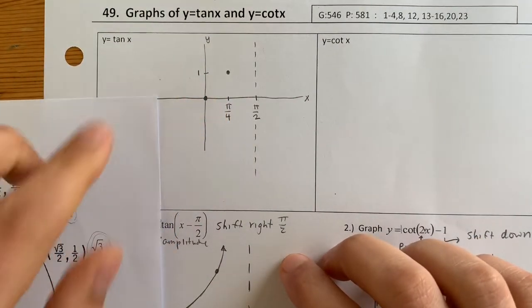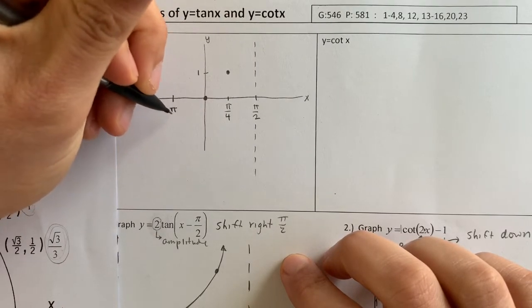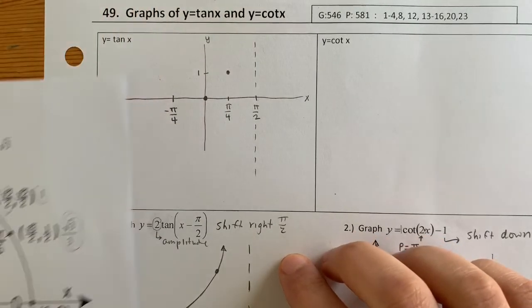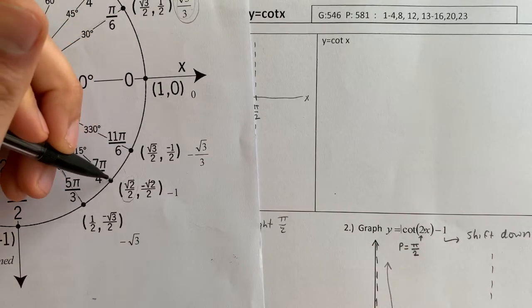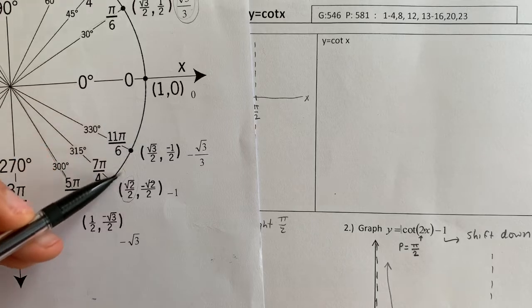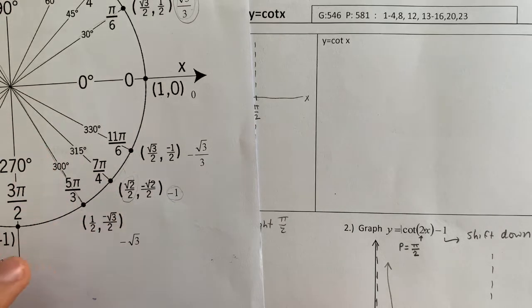I'm going to work backwards now. So I'm going to go backwards and see what happens if I move to negative pi over 4. On the unit circle, a negative angle would go this direction around. Negative pi over 4 would take us back to this amount, and I see a tan value of negative 1.